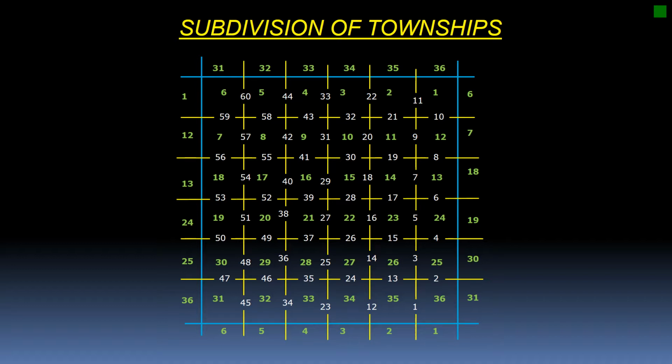Now, when we get down to line 45 between sections 32 and 31, look how this is done. We're going to go north on line 45, then we're going to go east on line 46, random and true, and then we're going to go west for line 47, check into the senior monument on our west range line, random and true.